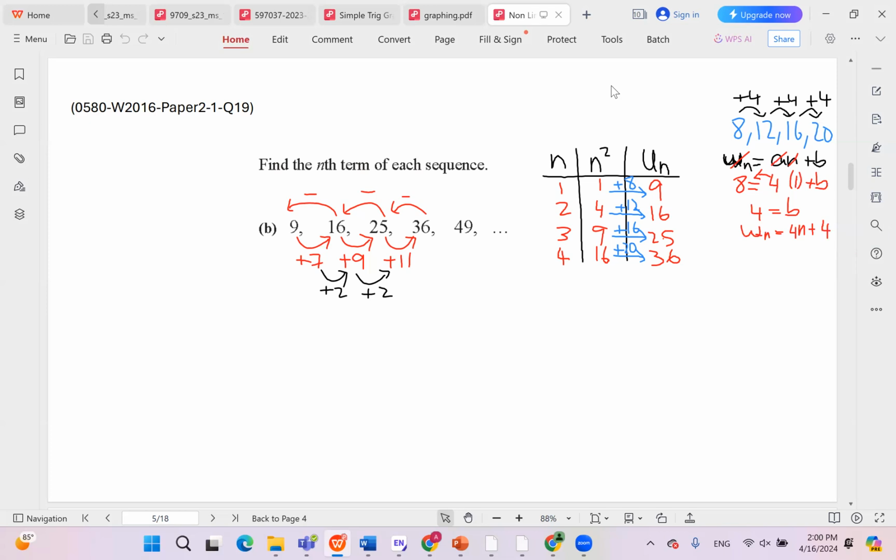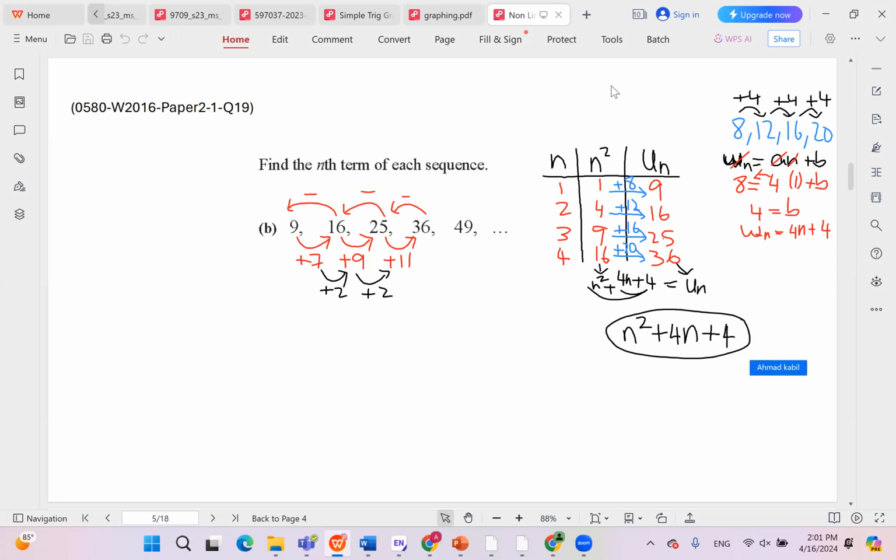This tells us that the sequence in blue in the table is actually 4n plus 4. And we know that this is here n squared. So n squared plus this sequence gives us un. So therefore, the final answer is this whole expression here, n squared plus 4n plus 4.